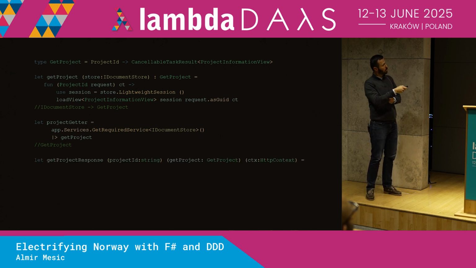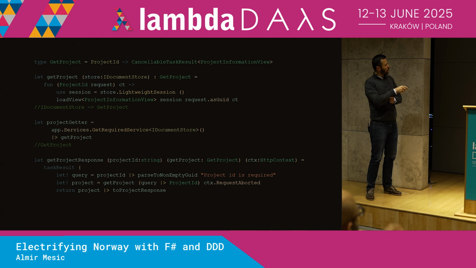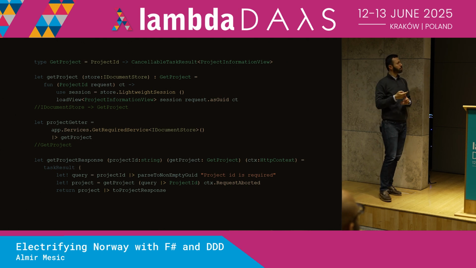And the way it's used is like this, for instance. Similar to what we did here, passing in a dependency, you just pass in a dependency in this context here. So you have the ID. Based on the ID, you create the type and pass it into the function, which is the project ID, and then you get back a view and turn it into a response.